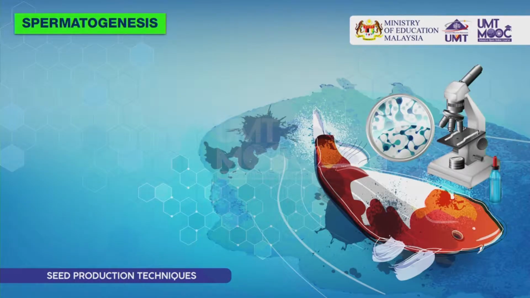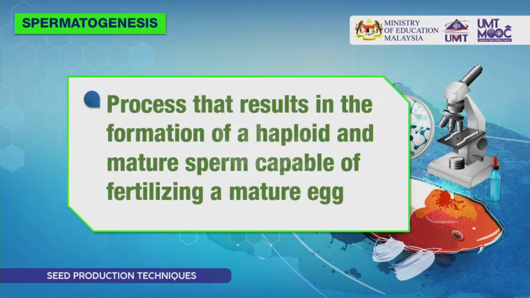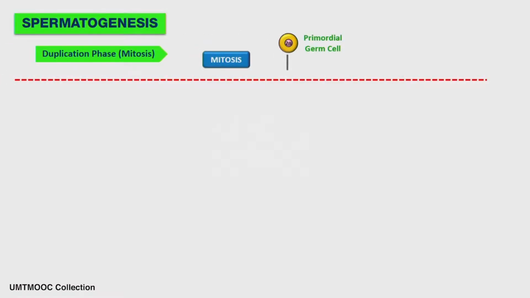The second part of gametogenesis is spermatogenesis. It is a process that results in the formation of a haploid and mature sperm capable of fertilizing a mature egg. Similar to oogenesis, spermatogenesis also has three phases involved, where the first phase is called duplication phase or mitosis.